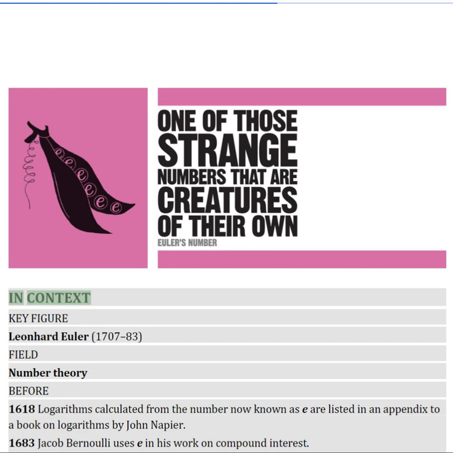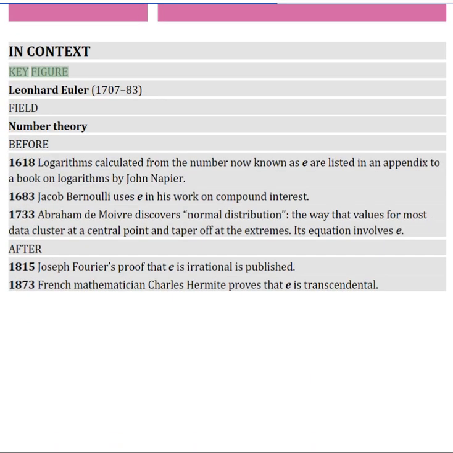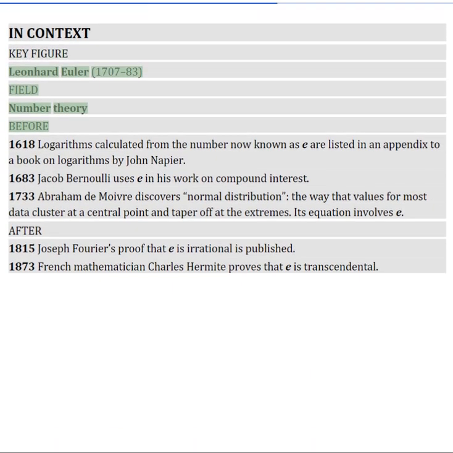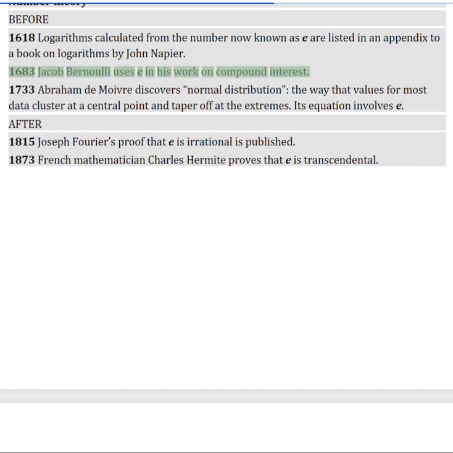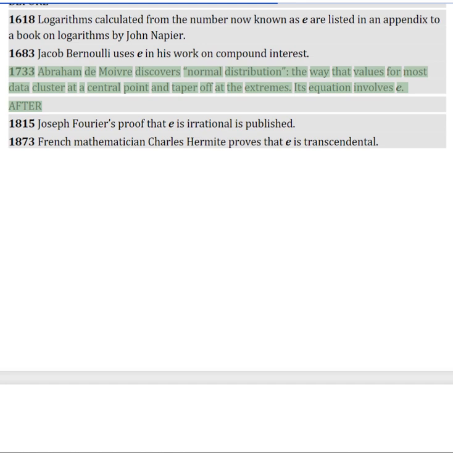In context. Key figure: Leonhard Euler. Field: number theory. Before 1618, logarithms calculated from the number now known as e are listed in an appendix to a book on logarithms by John Napier. 1683: Jacob Bernoulli uses e in his work on compound interest. 1733: Abraham de Moivre discovers normal distribution, the way that values for most data cluster at a central point and taper off at the extremes.